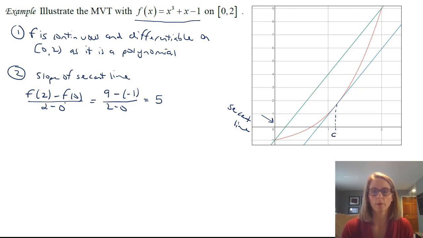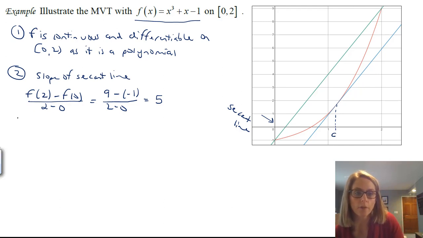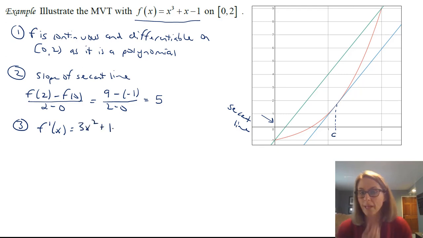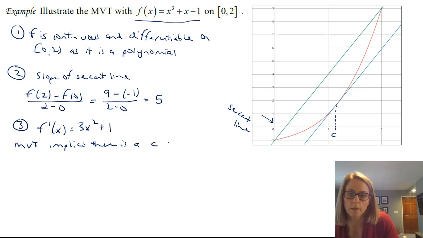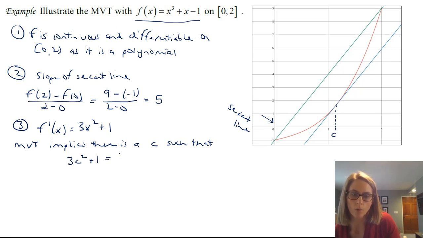And then what the mean value theorem tells us is there is some point c so that the slopes are the same. But on the function itself, the slope is the derivative. So if we take the derivative of our function, you can pause if you want, we get this. And so the MVT implies there is a c such that 3c squared plus 1 equals 5.